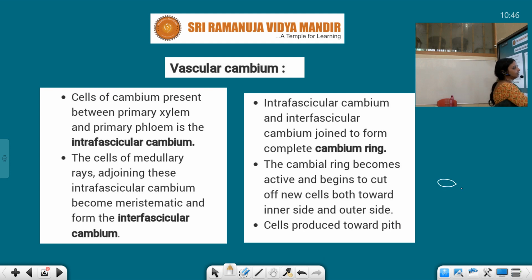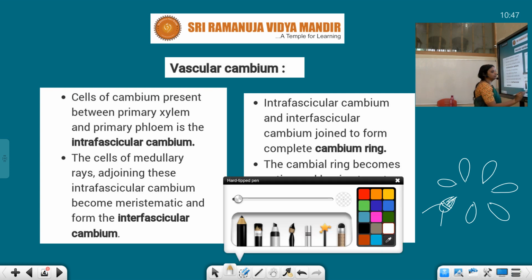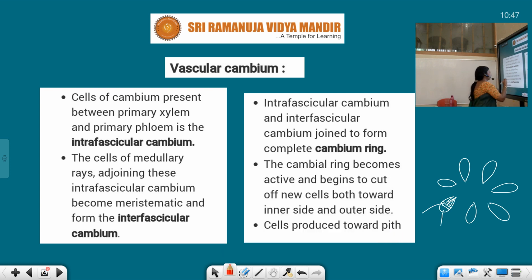So these vascular bundles are arranged in a ring-like manner at first. This lower part is xylem, and the upper part is phloem. In between xylem and phloem, fascicular cambium, or we can say intrafascicular cambium, is present.